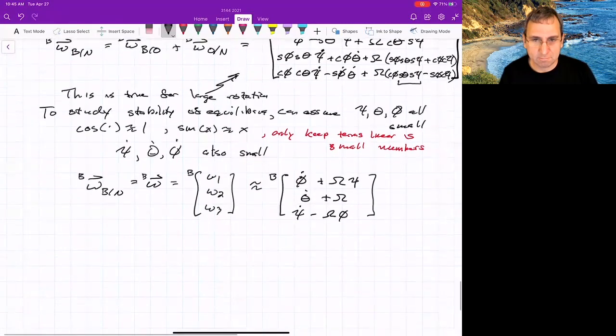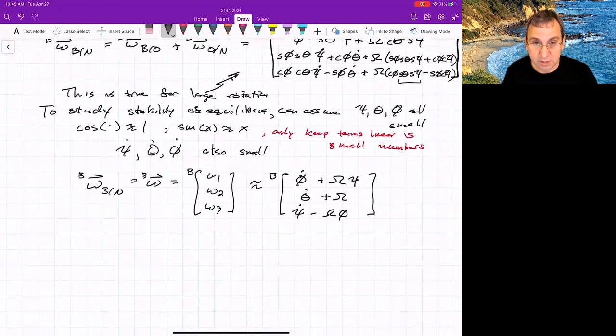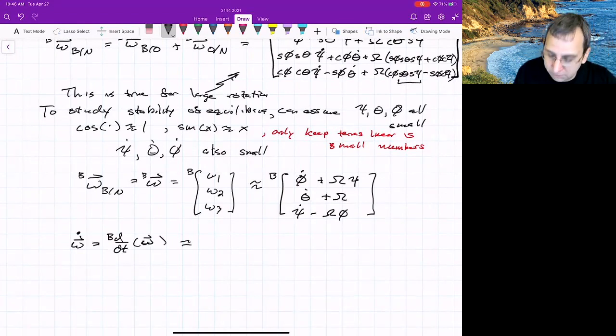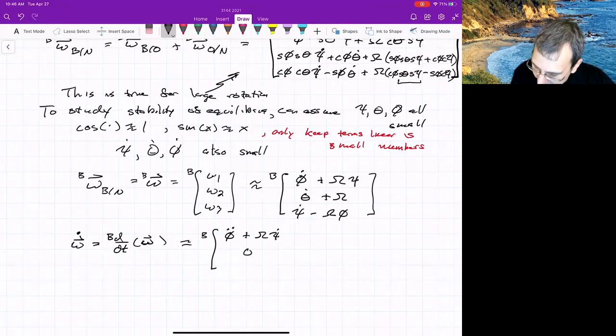Now, if we take the derivative of this, omega dot, so that means time rate of change of omega, this is now about equal to, we just take time derivatives, phi double dot plus omega psi dot, theta double dot, and then psi double dot minus omega phi dot.